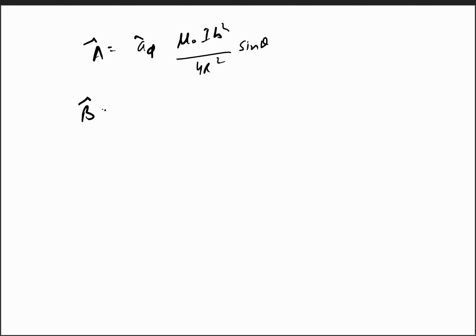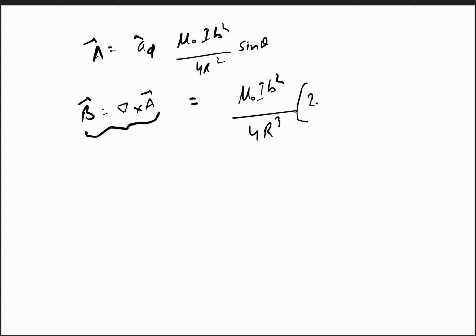So B is equal to del cross A. In spherical coordinates I can find the curl by the general equation which we have seen in our previous lectures, and on solving we will find that B is equal to mu naught I b square over 4r cube, 2 cos theta a_r plus sin theta a theta. Sorry, a theta, not phi.